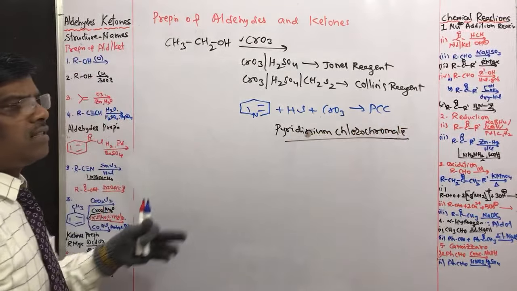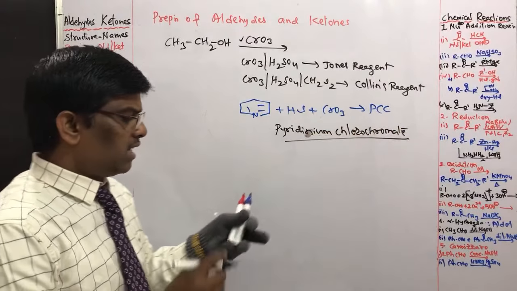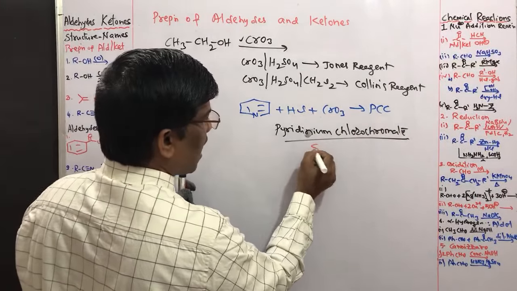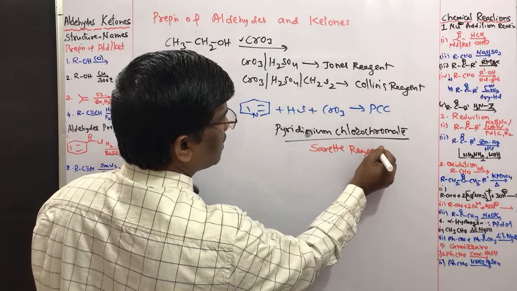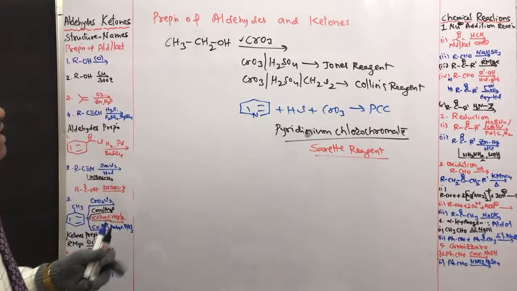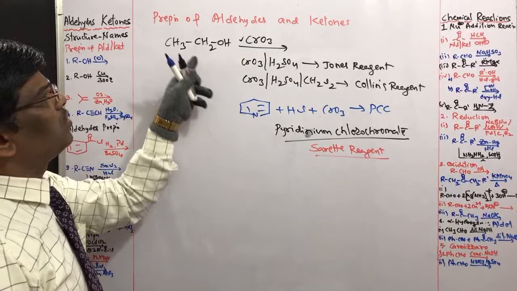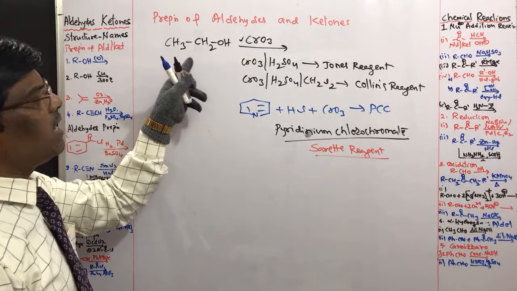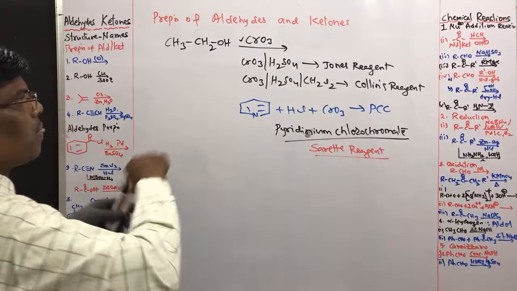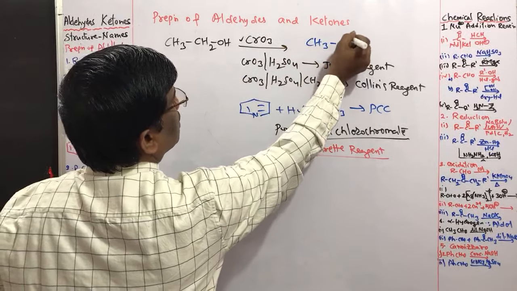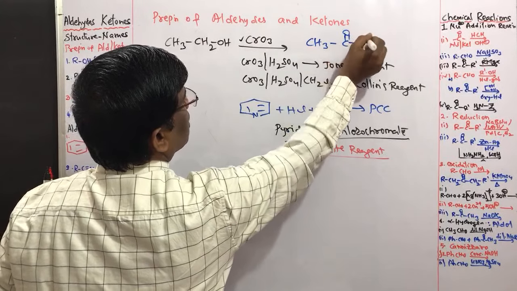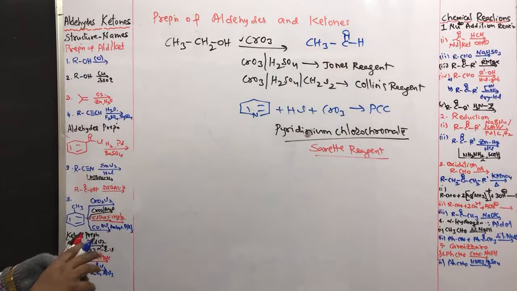This is almost a neutral reagent, and it is also known as Saret reagent. So PCC or whichever reagent you want to use, you can use it to oxidize primary alcohols. These alcohols are going to give this oxidation product, that is acetaldehyde.